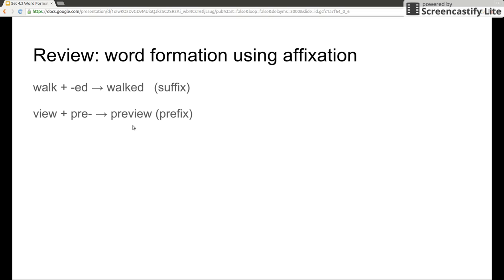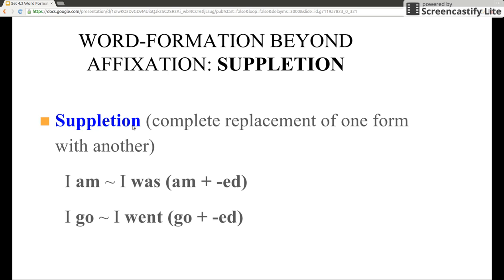And in human languages, we have more ways to make new words than affixation. The first one is suppression. Okay, so unlike common affixation, for example, am becomes was.